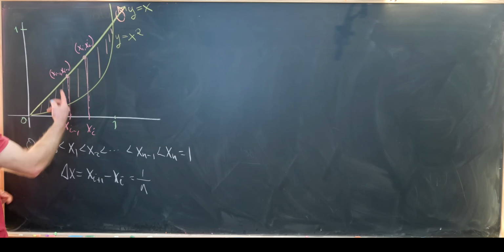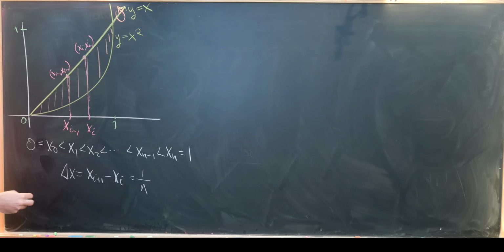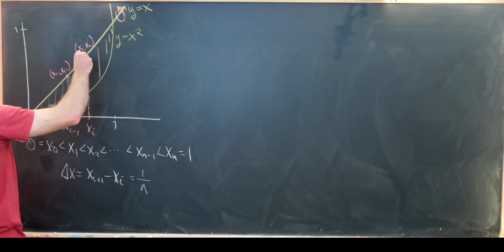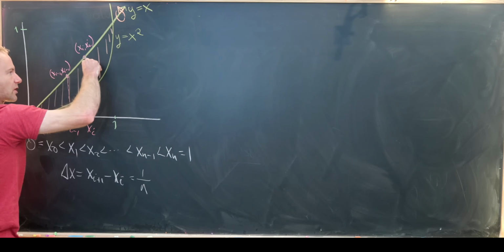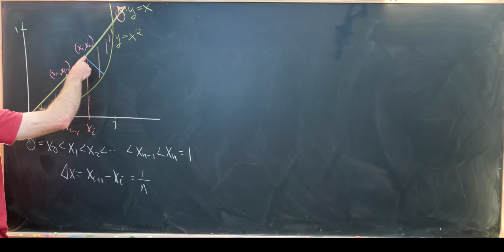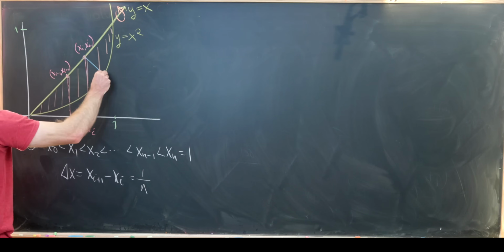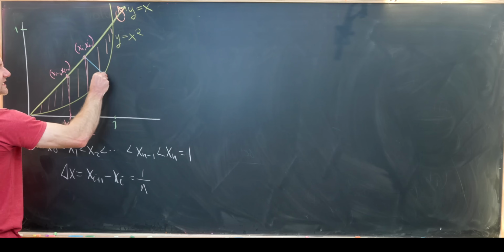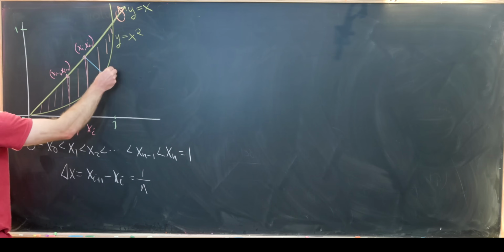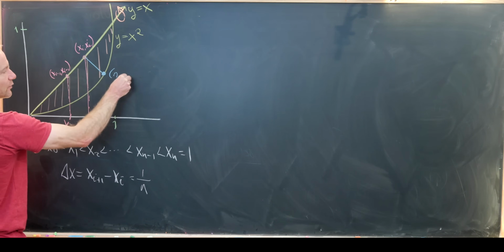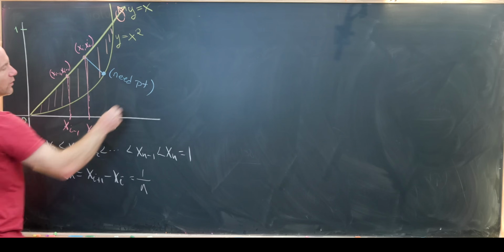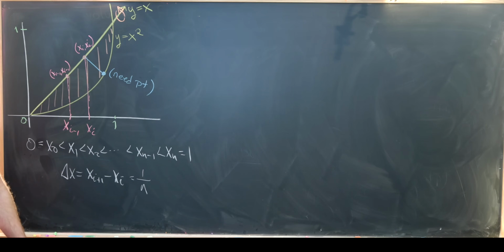Instead, we need line segments that intersect this line y equals x at a right angle. Okay, so let's drop a perpendicular from (x_i, x_i) until it hits the parabola. So this is going to hit the parabola at some point, and I'm just going to say that we need this point. That will be something that we're going for.